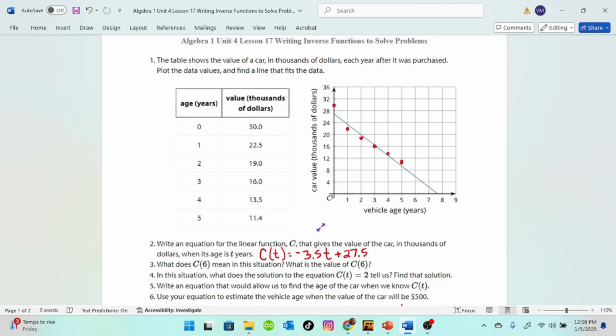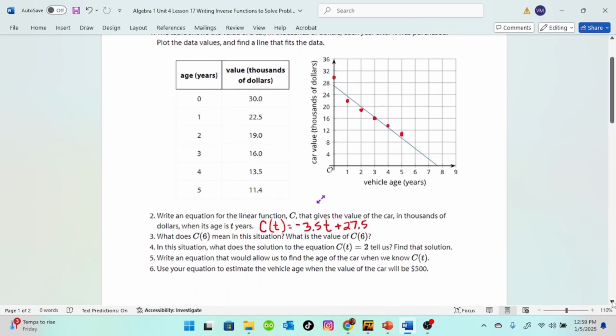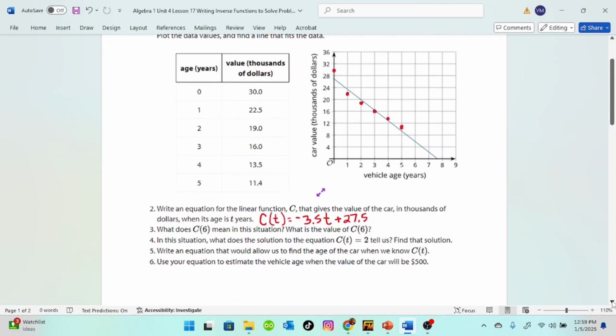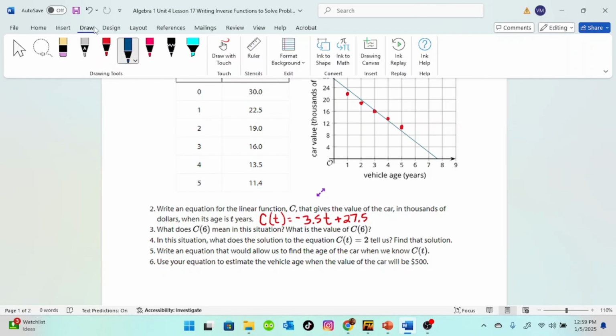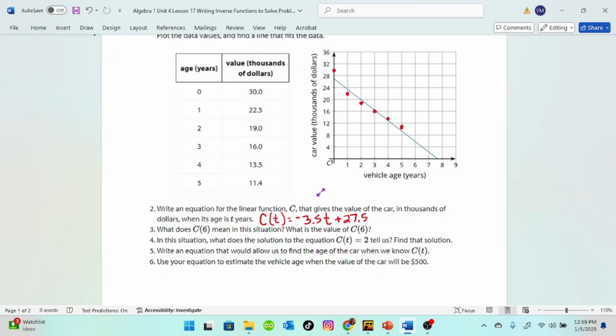Number 3. What does c of 6 mean in this situation? And what is the value of c of 6? So the first thing we're going to do is explain what c of 6 means.